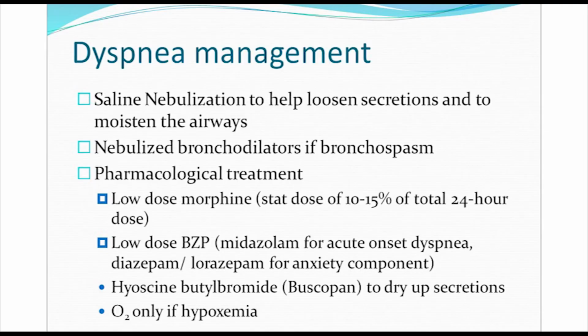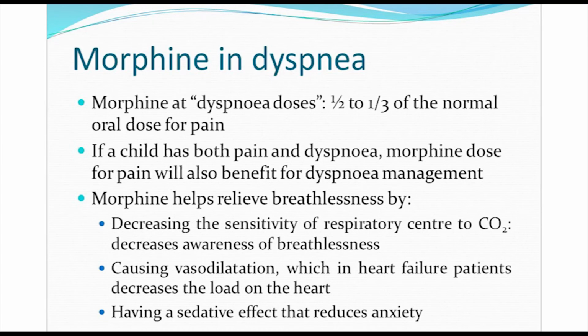But nebulization is something that is easily done at home, with or without bronchodilators, and then low-dose morphine can work wonders in the relief of dyspnea, along with low-dose benzodiazepines, which will also act on the anxiety component of the dyspnea. It helps in children who are already receiving treatment for pain, as this will benefit dyspnea.